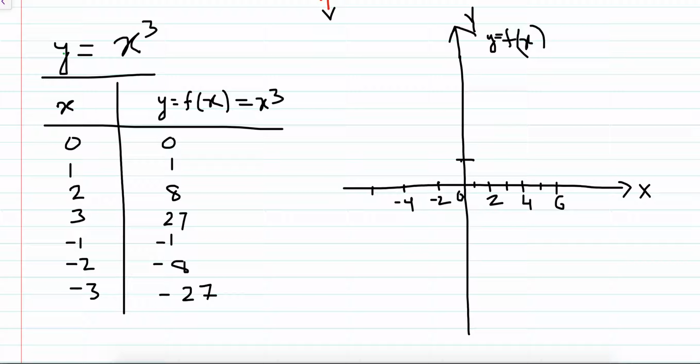And then we have 2, 4, 6, 8, 10, and here we have -2, -4, -6, and so on.